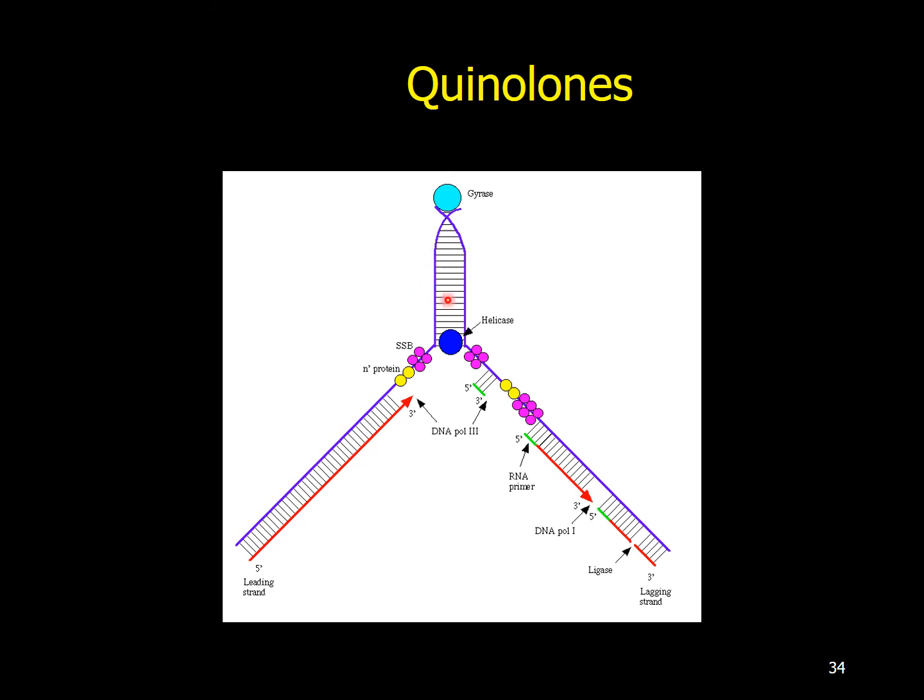There's a whole ton of other enzymes involved here. Helicase keeps it open and separates it, and then DNA polymerase and RNA polymerase come along and make the matching strand. DNA ligase comes along and anchors them on the lagging strand. But what we're most interested in is that the fluoroquinolones are DNA gyrase inhibitors. You can't unwind the bacterial DNA without it.